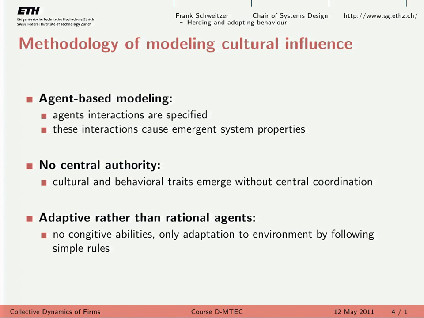Yeah? There are some people that are really smart in tweaking the model exactly the way they want to get the result, of course. Yeah? So here it's important to have not a central authority that basically governs the interaction behavior of this firm. Instead, it has to come up as an emerging property, as we name it in complex systems science.